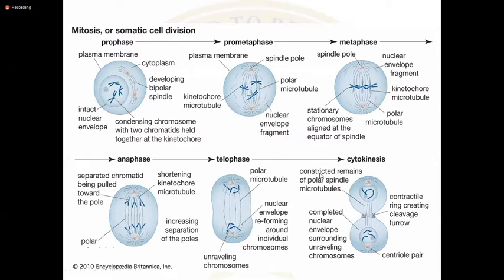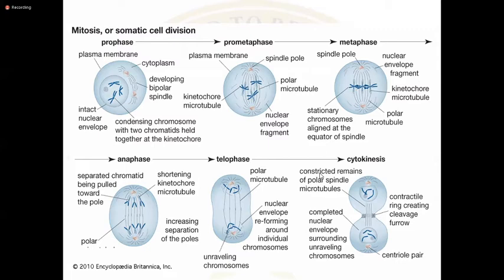Usually, what will be the state of the chromosomes in a normal cell? Are they visible in the nucleus? No, they are not visible. They are just strands within the nucleus. So what happens in the initial phase of prophase is condensation of the chromosomes.